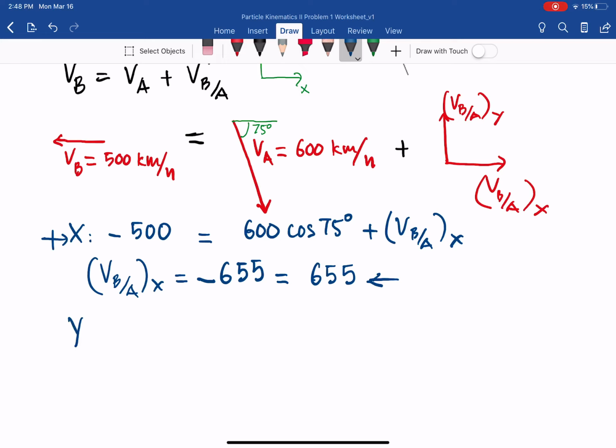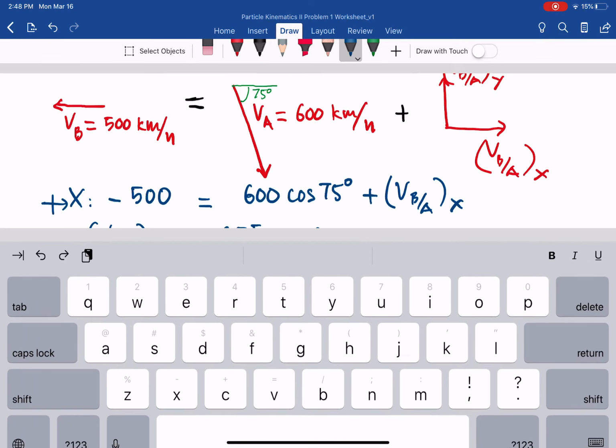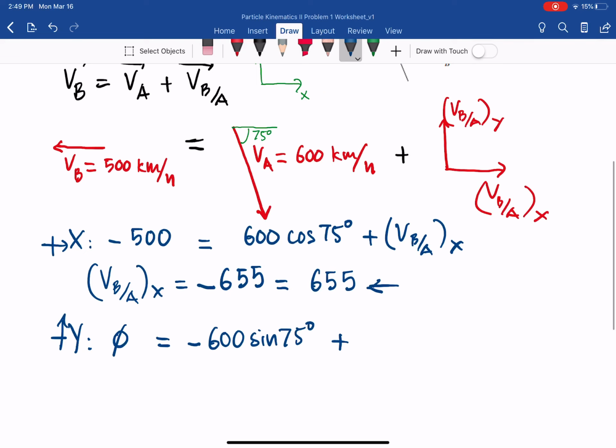Similarly, we can project that relative velocity vector in the y direction, assuming going up. So VB horizontal, going up, vertical, it has to be 0, equal to VA going down. So you have 600 sine 75 degrees going down, negative, opposite to your assumed positive direction, plus VB relative to A in y.